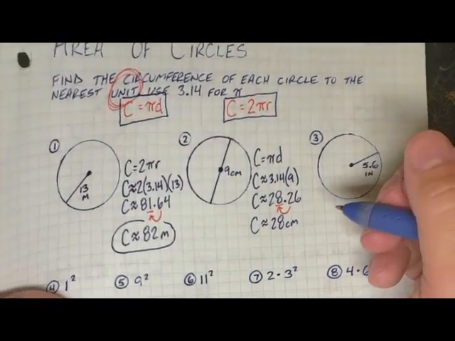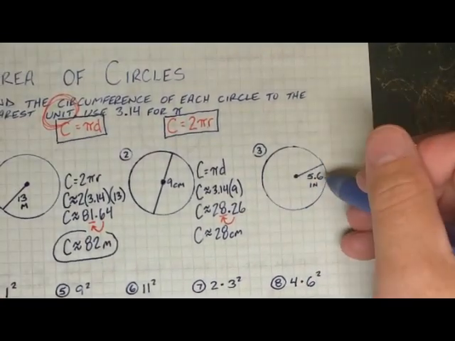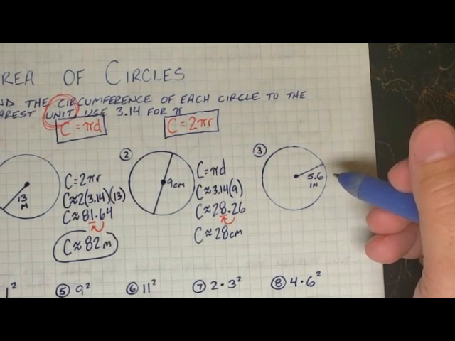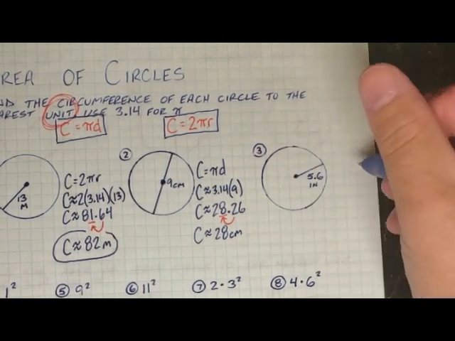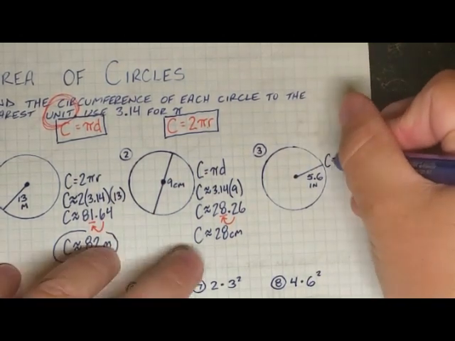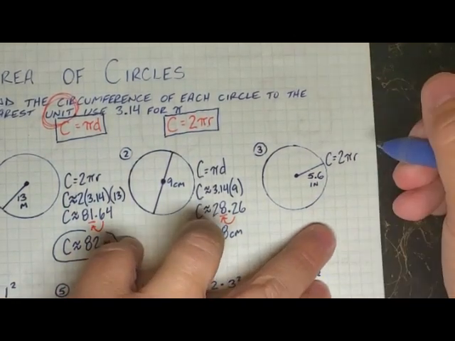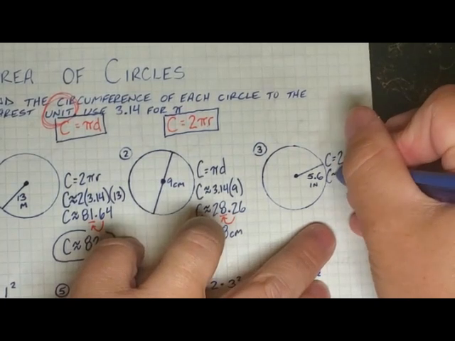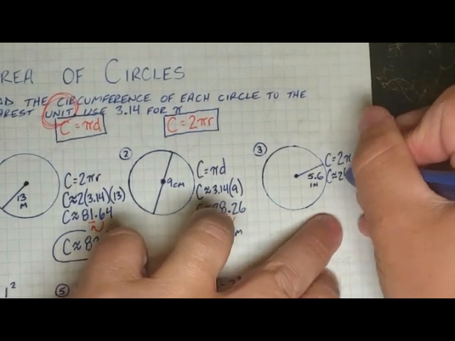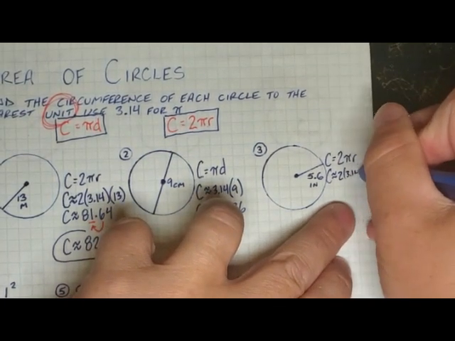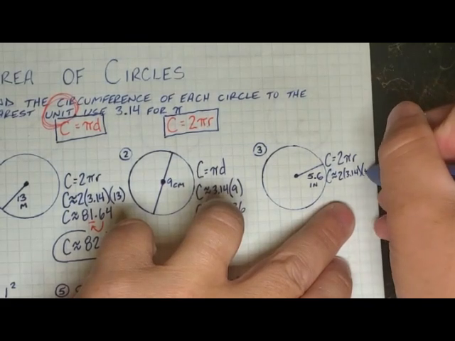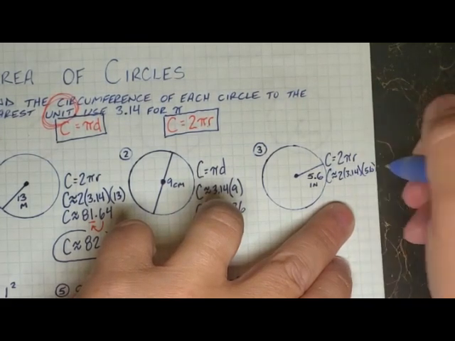Last one, number 3. This is also a radius. So we're going to start with circumference equals 2 pi r. So we're going to bring down the 2, use our approximation for pi, and the radius is 5.6.